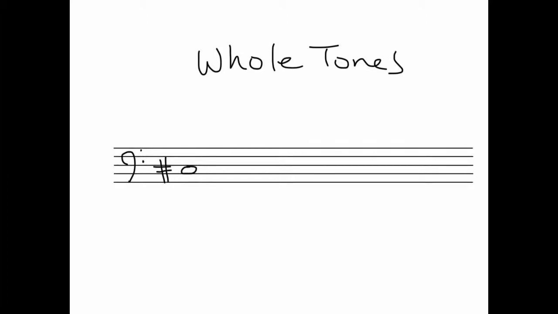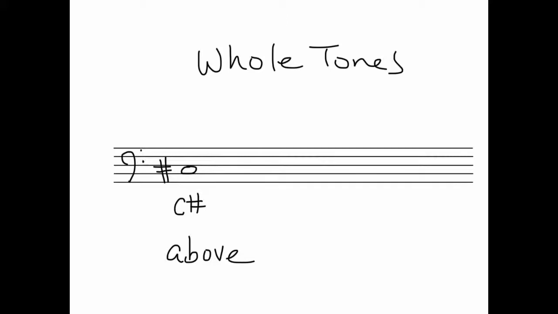Now let's try writing some whole tones. And we'll do it in the bass clef this time. So let's start with the note C sharp. And we're going to write a whole tone above C sharp.